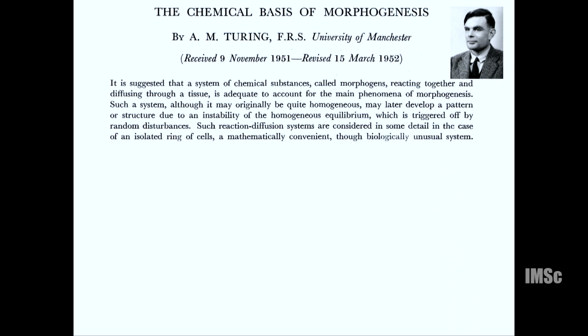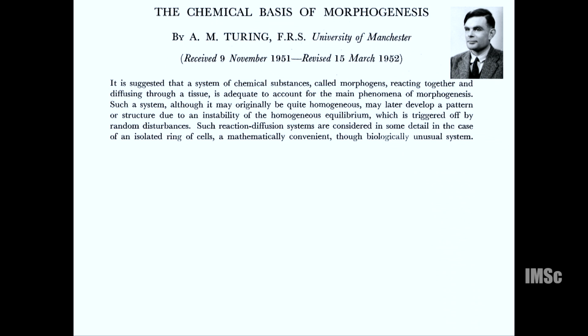But one big breakthrough came with this paper by Alan Turing in 1952, which is the following. And I think during this meeting, this paper has been discussed quite in detail, so I will not get into the details of this paper.